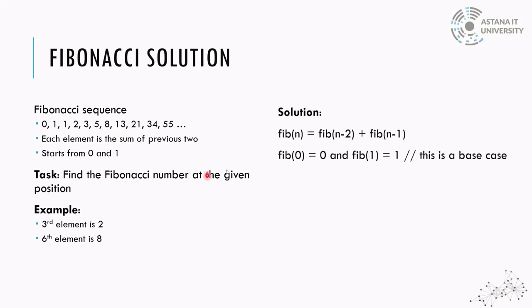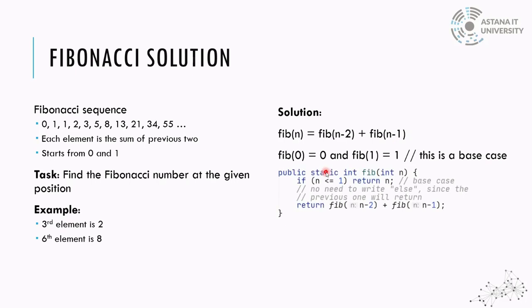So, first of all, we know that our base cases are 0 and 1, because we know exactly what the value is for those. When it's 0, it's 0, when it's 1, it's 1. And for all other cases, Fibonacci n is equal to Fibonacci n minus 2 plus Fibonacci n minus 1. And the solution for that, we'll see here: if n is less than or equal to 1, assuming that n is equal to 0 or 1, we just return n.